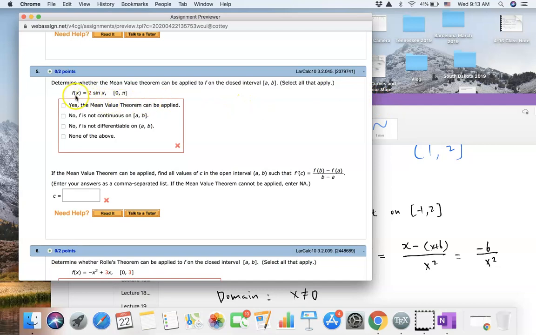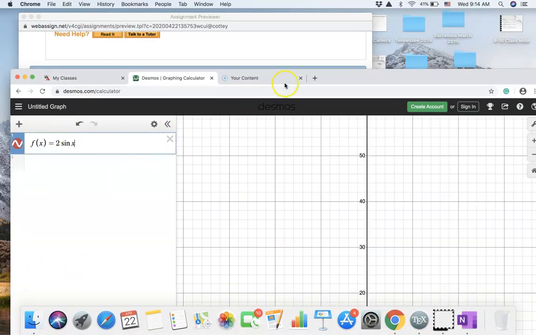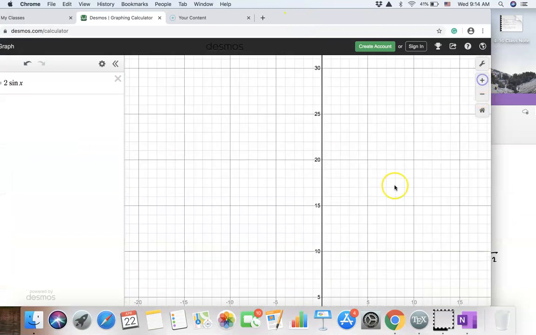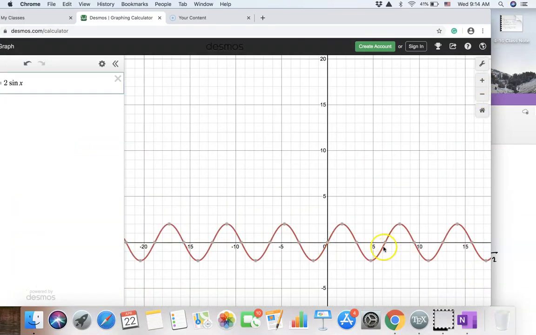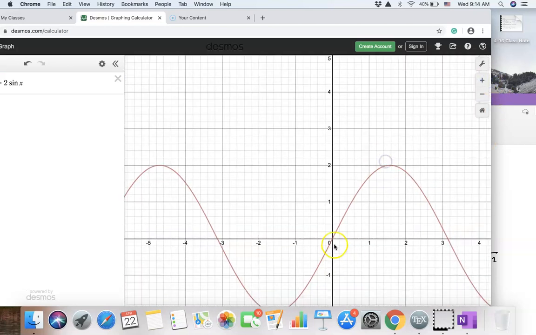Now the function is f(x) equals 2 sine x, and the interval we're given is from 0 to pi. Between 0 and pi, we can see that the function is continuous.